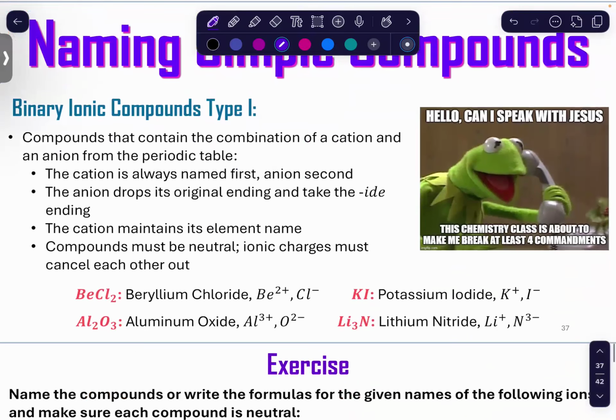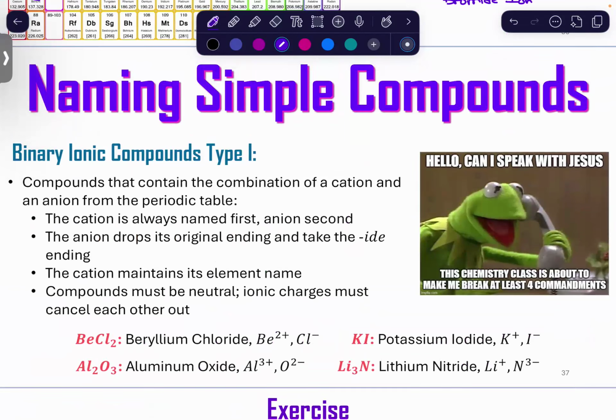So I have beryllium that's a +2, chloride that's a -1. So what I'm going to need, beryllium's +2 plus 2 times chlorine's -1, that gives me 0 or a neutral charge. So that's why I have the 2 as a subscript on chlorine.